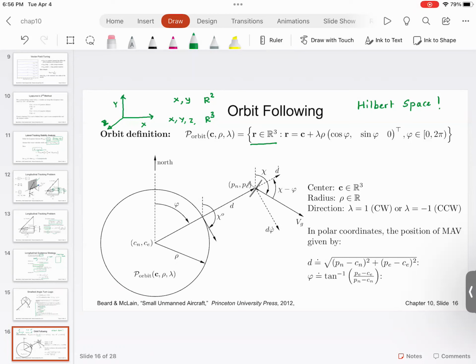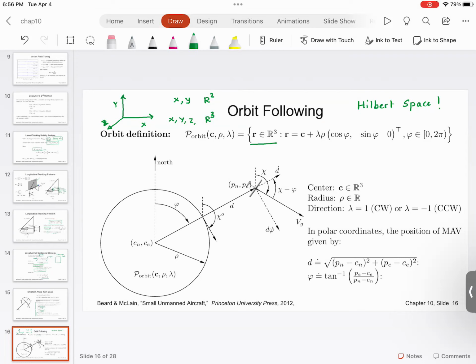Basically, you should be able to perform matrix operations, and you need to have the topological properties that all vector spaces have. But in other words, Hilbert spaces give us a mathematical structure to define vectors in 4, 5, 6, 7, 8, 9 dimensions. Okay, that being said, the orbit has a vector space which is defined in 3 dimensions.